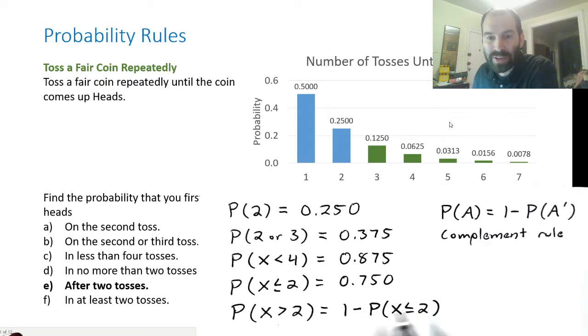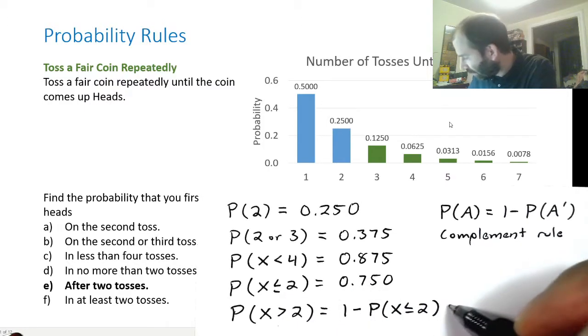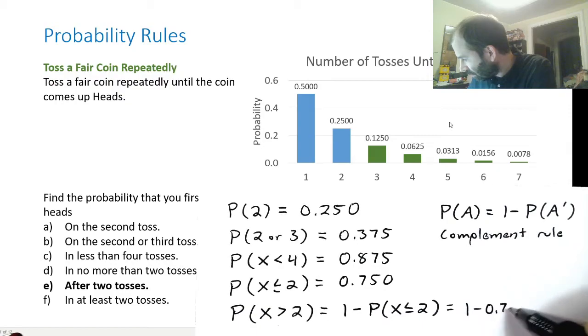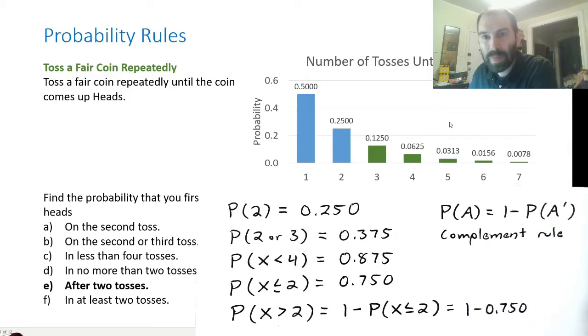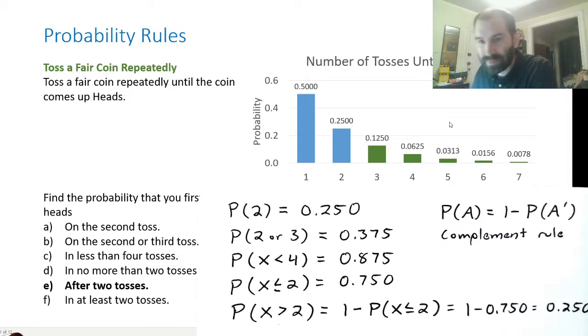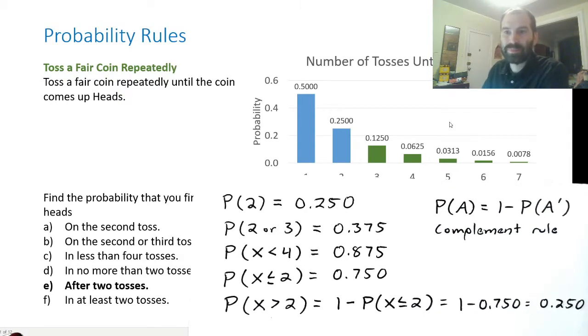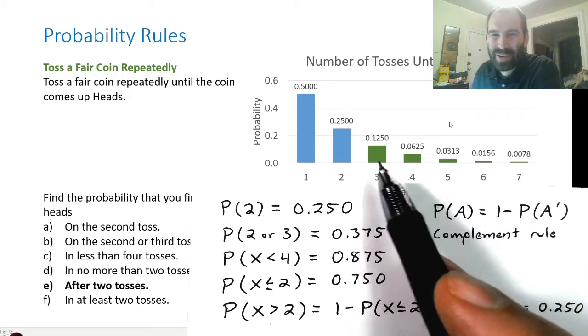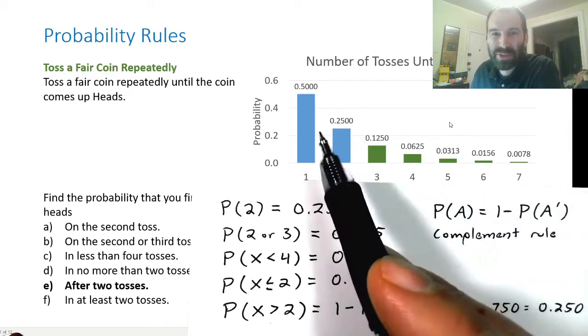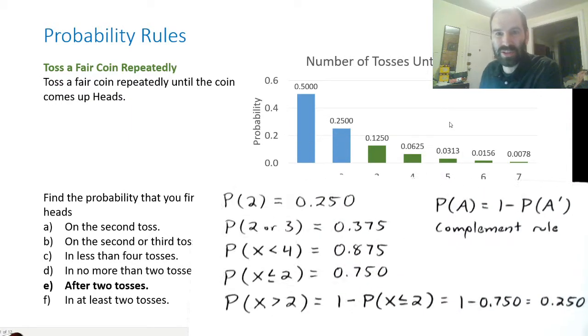Now we computed this right here. It's 0.75. So this is 1 minus 0.75, which is 0.250. So that's how you do that one. This is where the complement rule really shines. It's adding up an infinite number of things versus adding up 2 things. Look at how much easier that is.